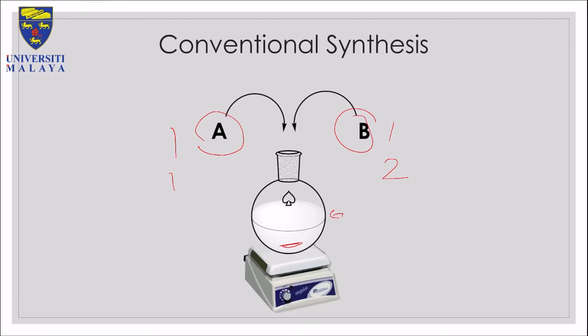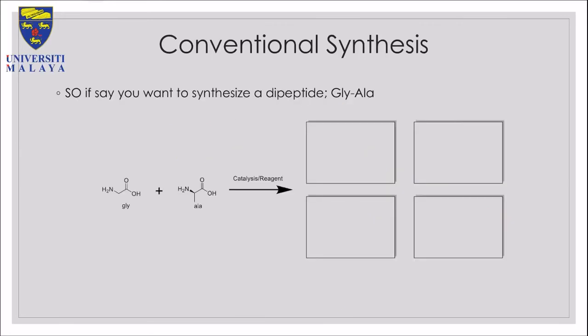So you just combine an amino acid, say for example alanine, and then amino acid B, glycine. You can just put them into the same round bottom flask, stir it, and after a while, voila, you will get a combination of alanine and glycine. Okay, so that's the basic principle. So say if you want to synthesize a dipeptide, the pair is glycine and alanine. As I mentioned, you can just combine those two together.